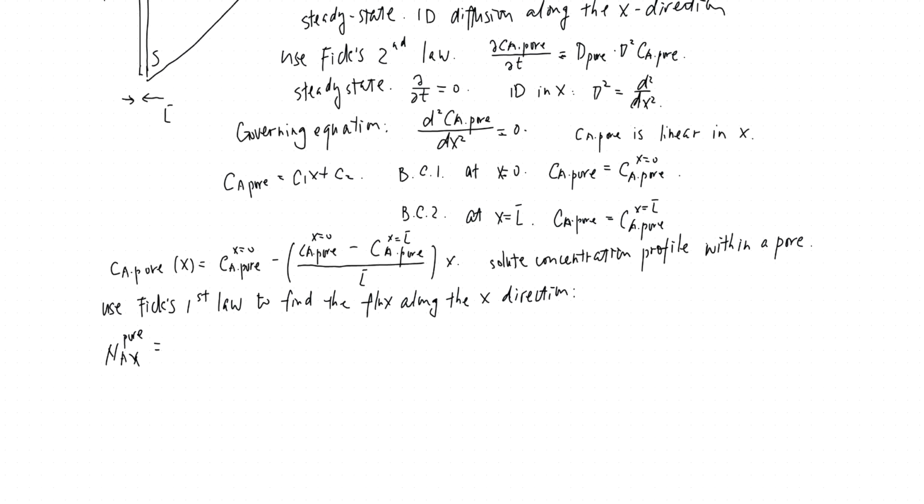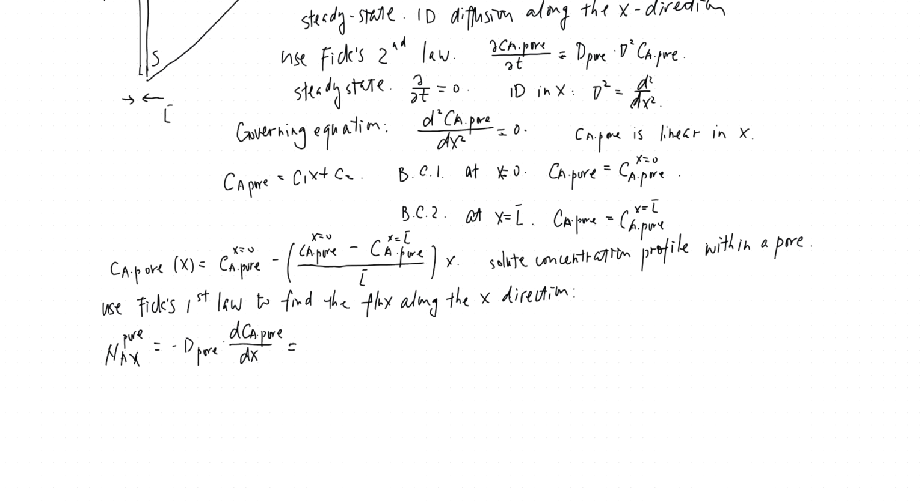It is minus D in the pore times the gradient of concentration. Since it's linear, it's easy to take the derivative. It's just this coefficient, which shows the gradient.